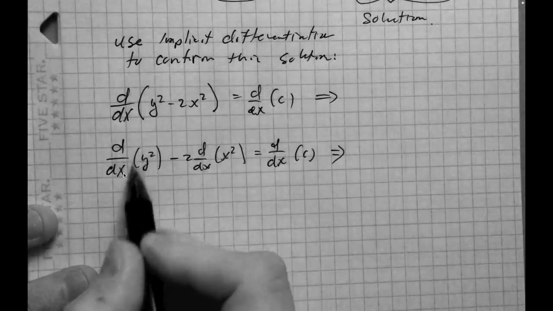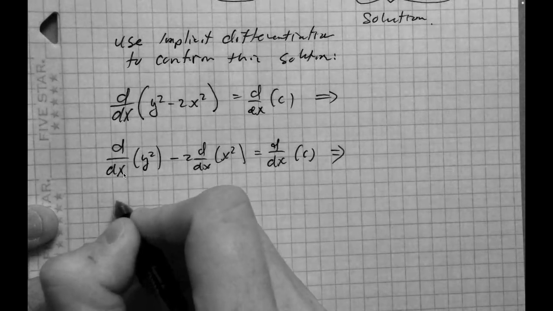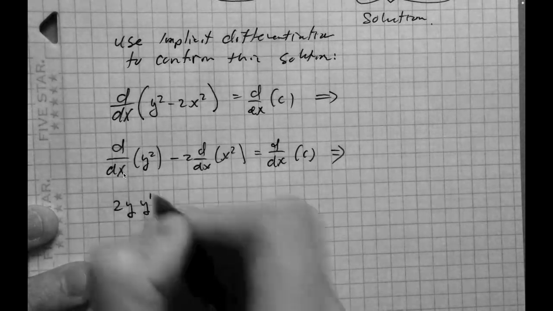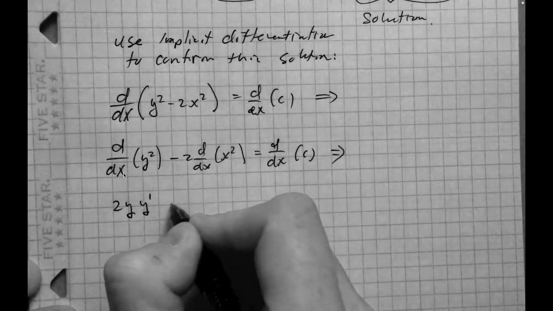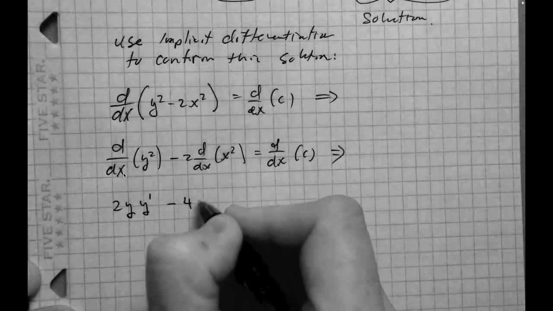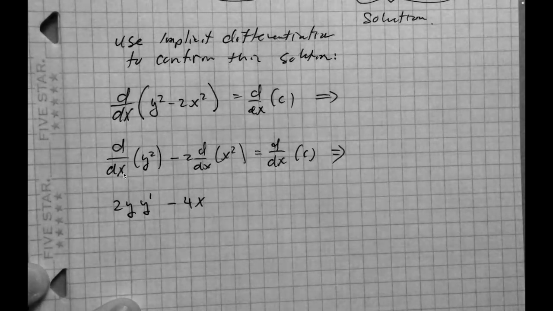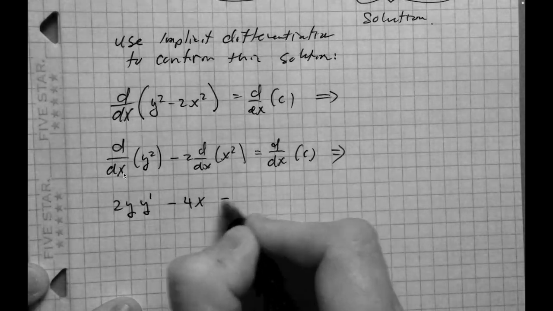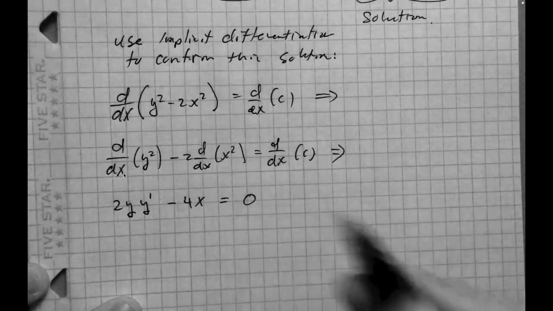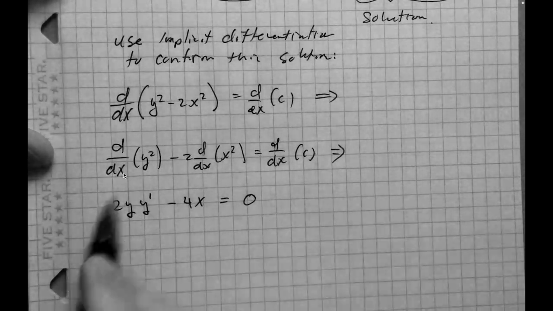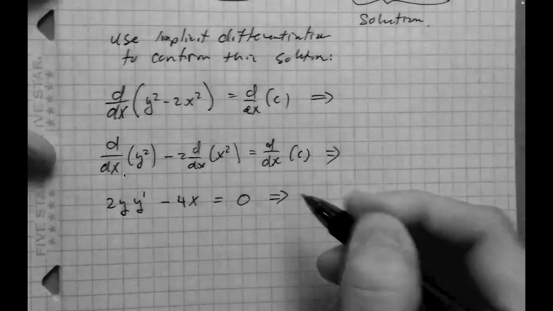And so this part here, remember we're differentiating y with respect to x, so we would say this is 2y times y prime, and over here we're differentiating x squared with respect to x, so this would be minus 4x. Okay, and over here, of course, when we differentiate a constant, we get 0. And so then just taking this equation and solving for y prime, we ought to get back to where we started, right?